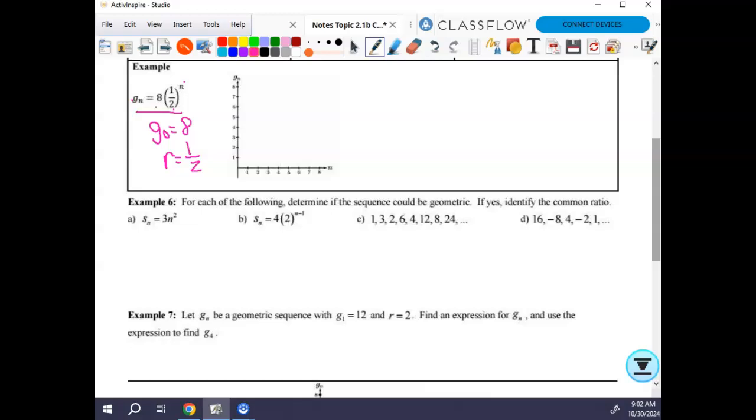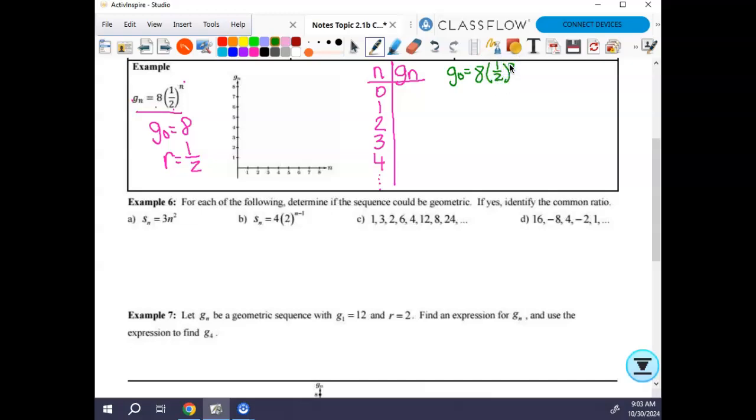So we're going to do a t-chart again. We're going to do n and G sub n. We're going to do 0, 1, 2, 3, and 4. So if I want to find G sub 0, that is going to be 8 times 1/2 to the 0 power.